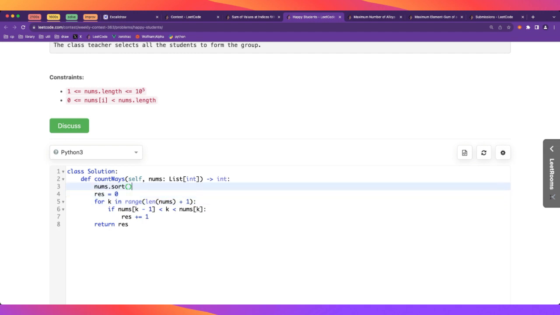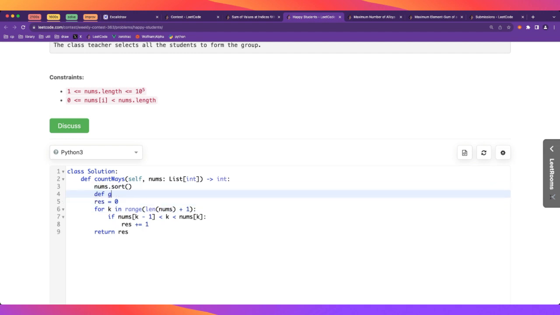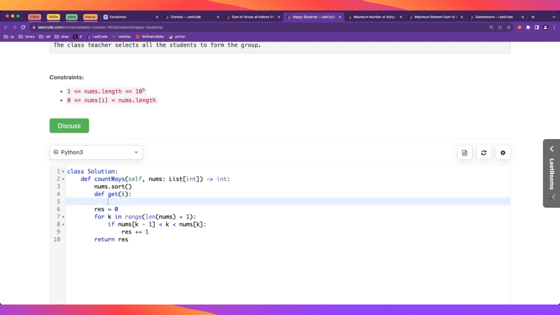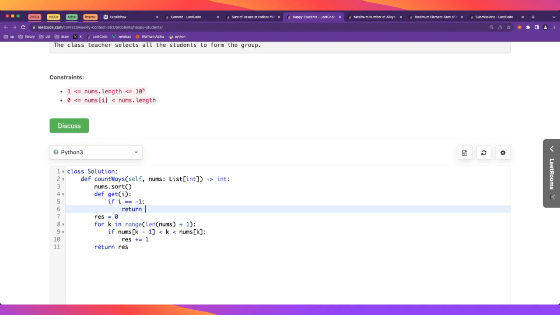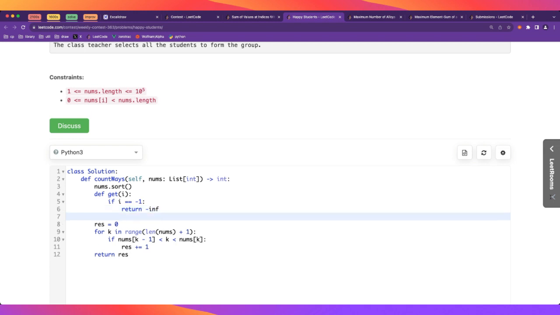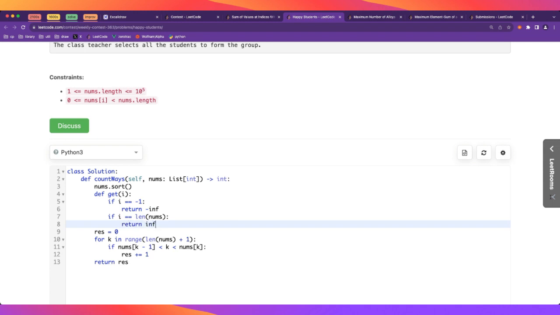but we can do a little trick, which is to have a get function, and if I is -1, we return minus infinity. So in that case, this condition is going to be met always. If I is equal to the length, we return infinity.